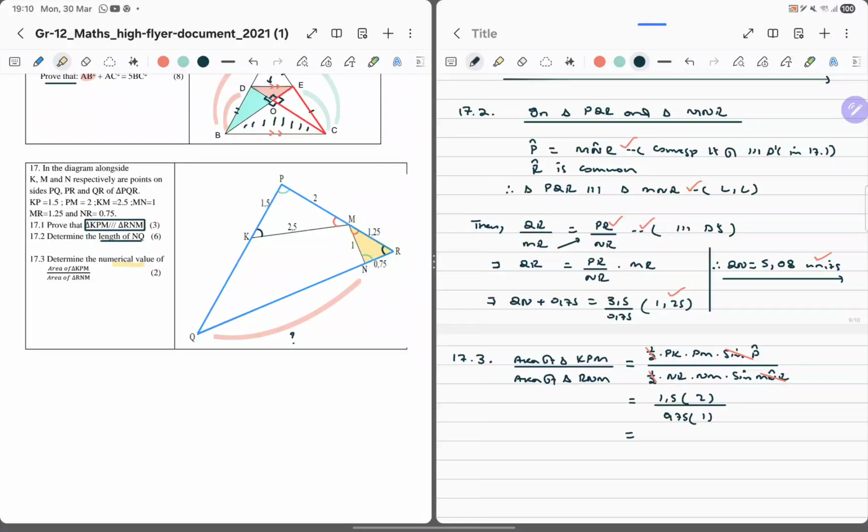Now let's see. This is just 4. The ratio has no units, isn't it? So 1.5 into 2 divided by 0.75 is 4.